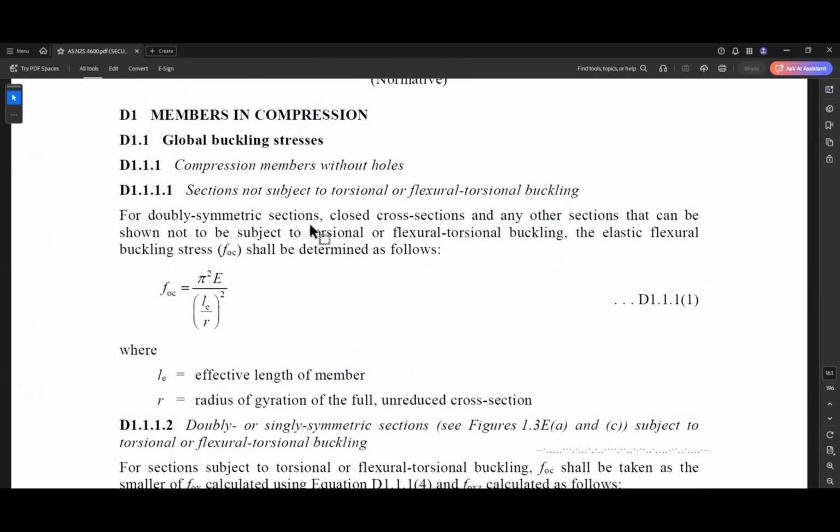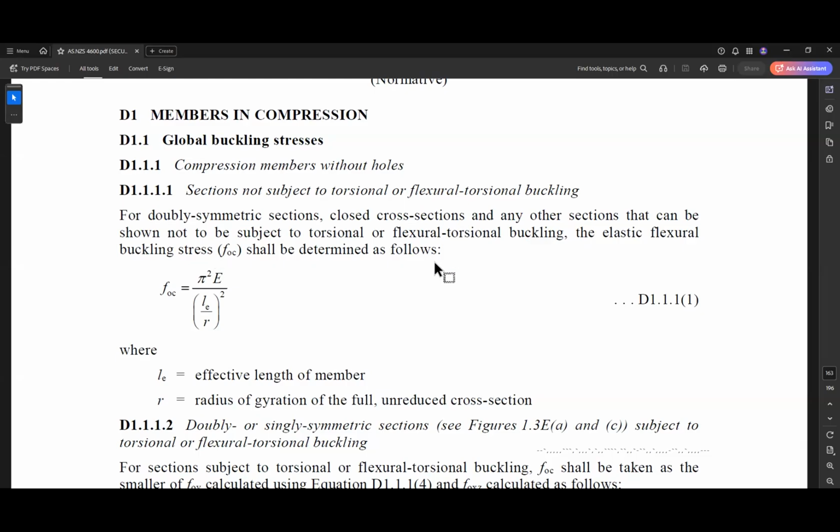FOC for a doubly symmetric section or closed section and any other section that can be shown not subject to torsional or flexural torsional buckling, the elastic flexural buckling stress is equal to this formula here: pi squared E divided by L effective over R, squared. This case is only if we don't have torsional or flexural torsional buckling stresses. This means that this case is only for flexural buckling.